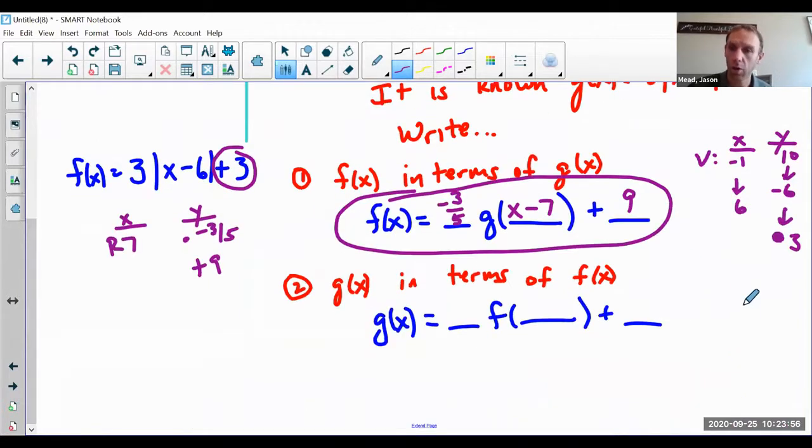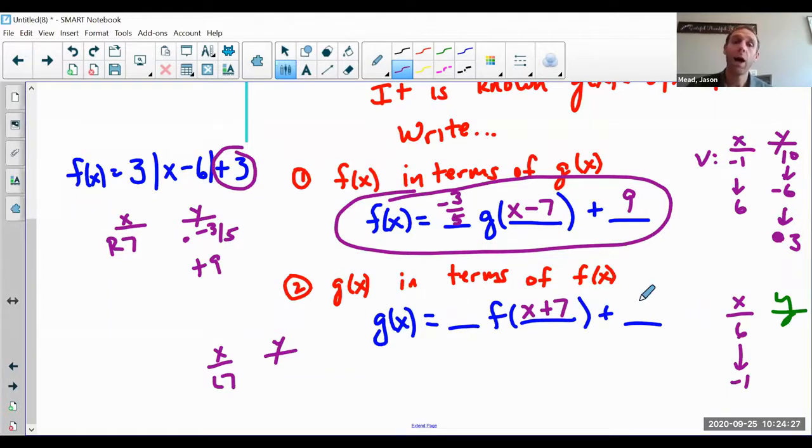How do I go from positive 6 to negative 1? I have to move to the left 7. So since I'm moving to the left 7, I have to put a plus 7.